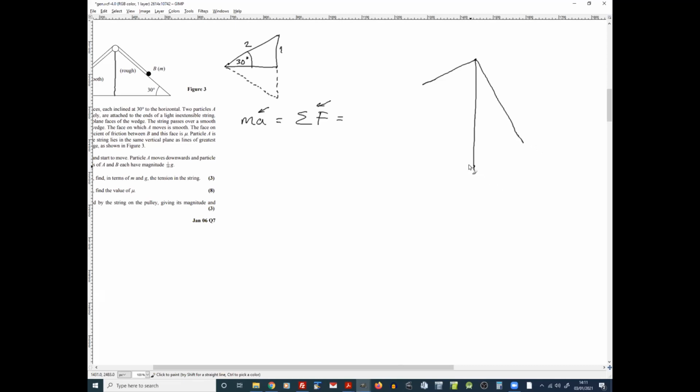This is the difficult bit, what I've just done here, which is what you must learn to do: to resolve in the appropriate directions, usually parallel with the slope.